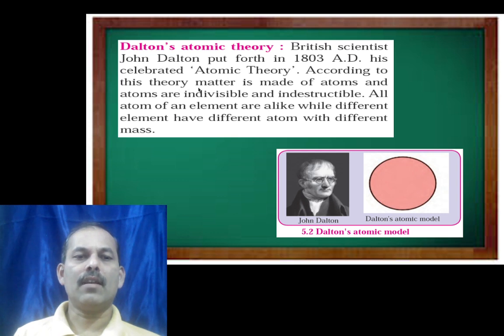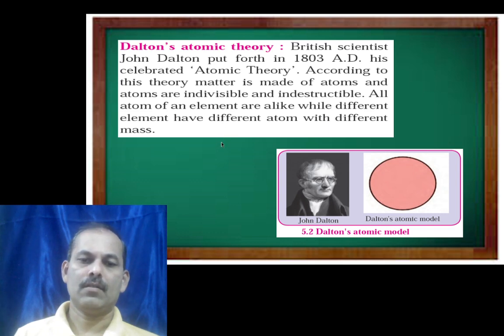According to this theory, matter is made up of atoms and atoms are indivisible and indestructible. All atoms of an element are alike, while different elements have different atoms with different mass.